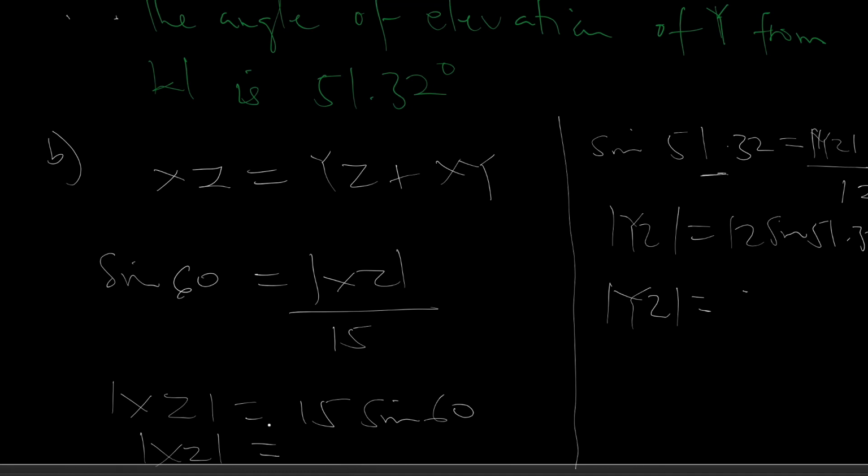So 15 sine 60 is 12.99, by the way. Okay, so our YZ becomes 12 sine 51.32, which is 9.3678.